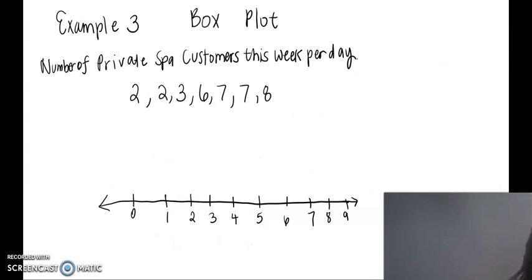Last but not least, we are going to give an example of a box plot. We have the number of private spa customers this week per day. That means that we have 7 amounts of customers, starting off with 2 on the first day, 2 on the second day, 3 on the third day, and so on and so forth. If you notice, these data are listed in ascending order from the least to the greatest number.